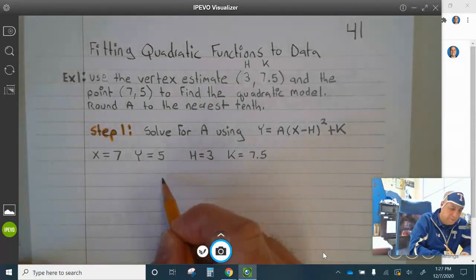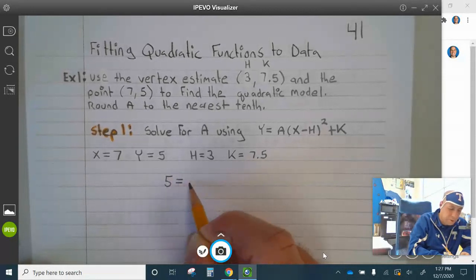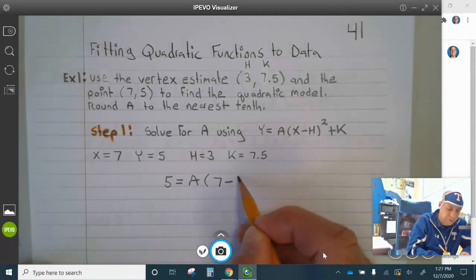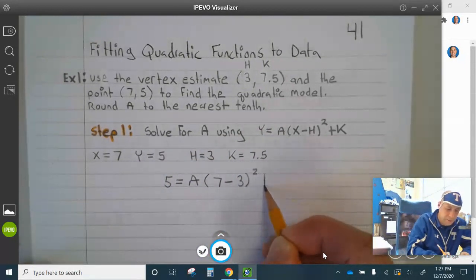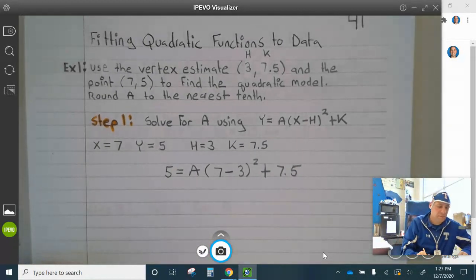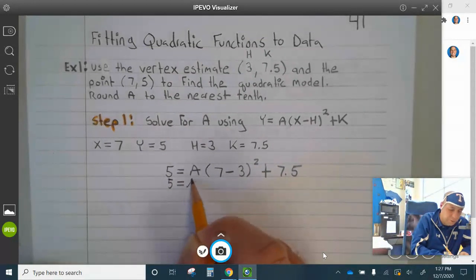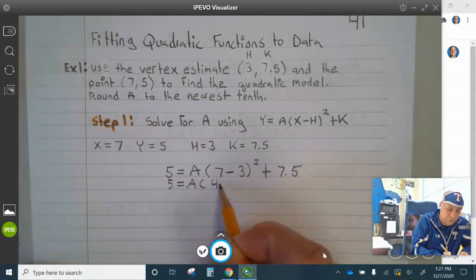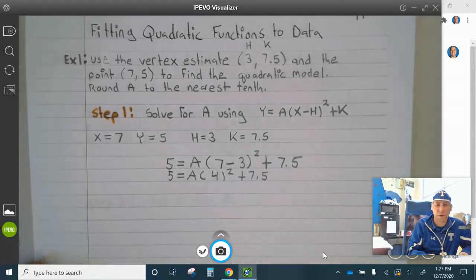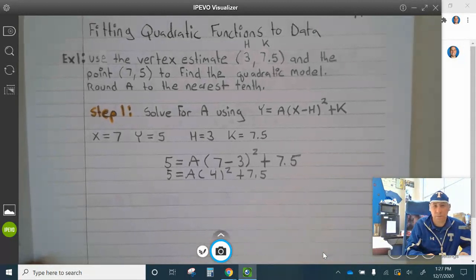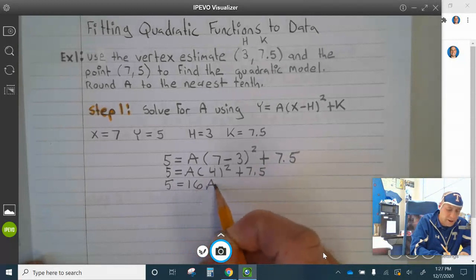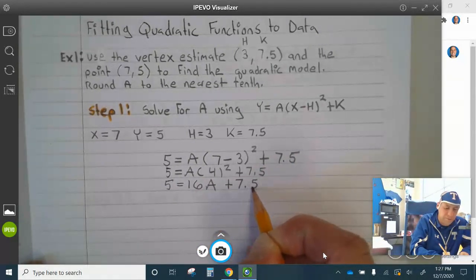So that's 5 equals a (we don't know a because we're solving for it), (x is 7 minus h, which is 3) squared plus k, which is 7.5. So 5 equals a(7 minus 3 is 4) so 4 squared plus 7.5. Now 4 squared is 16, so you get 5 equals 16a plus 7.5.